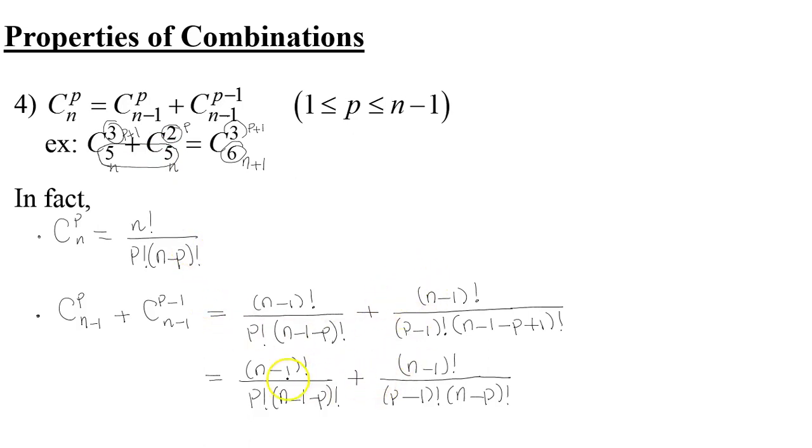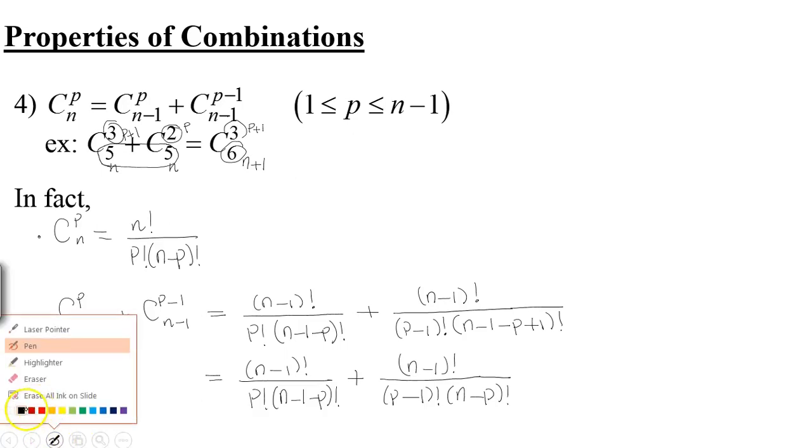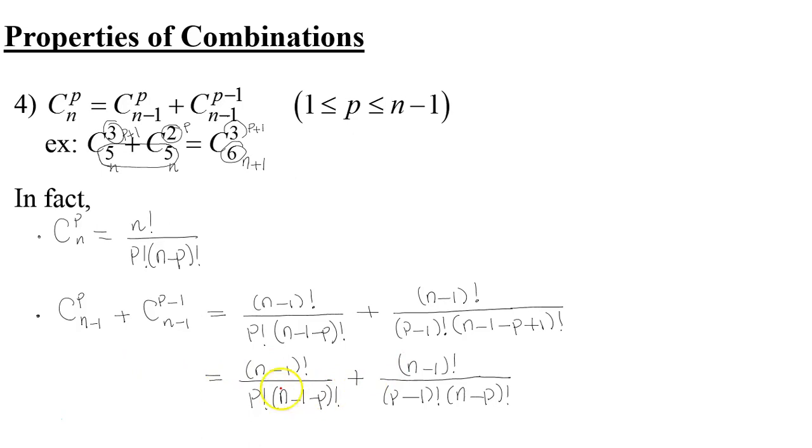Looking at these two fractions, whenever we have the sum of two fractions, we aim to reduce to the same denominator. To do that, we'd have to look for the least common denominator. Now I have p factorial and (p minus 1) factorial. They're not common factors, but they're factors that involve the same parameter.